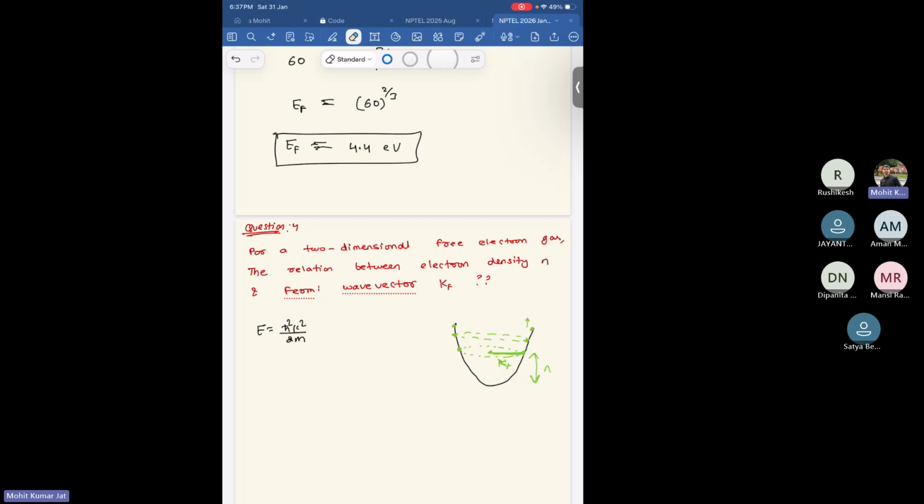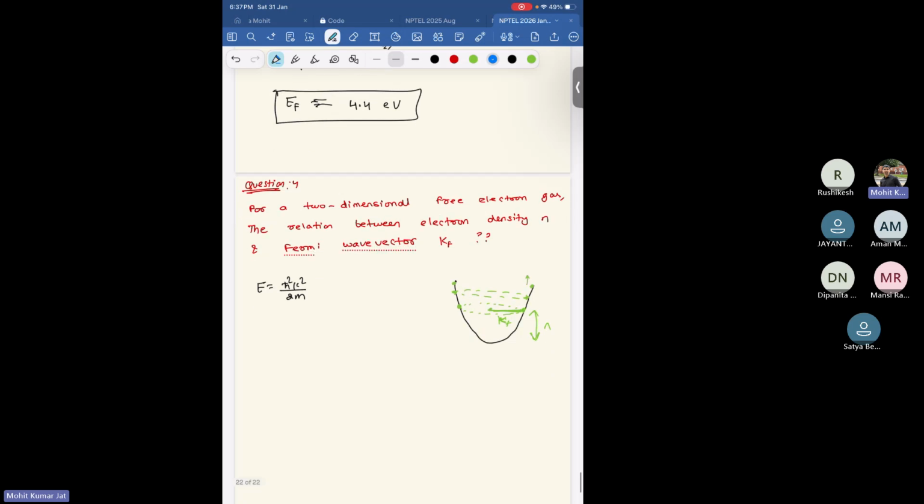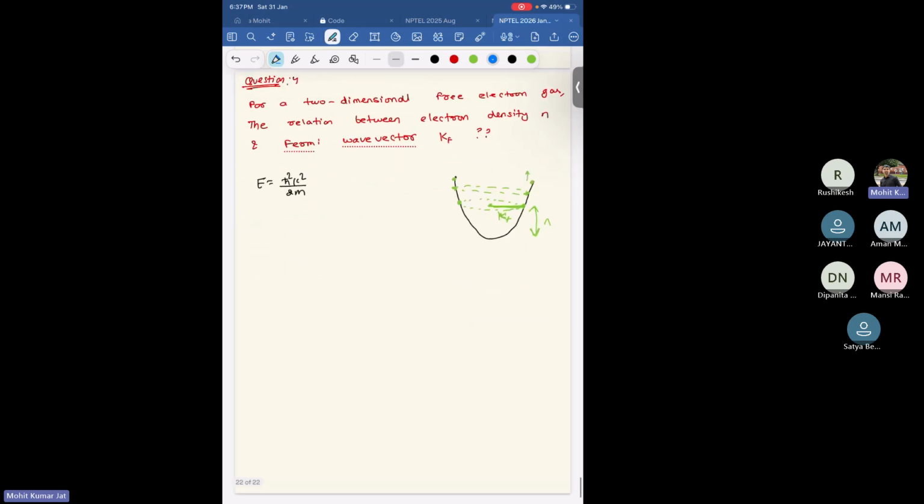And that's where this relation gets important, because experimentally, most of the time in transport, you don't measure energy. You measure your carrier density, and then you back calculate your Fermi wave vector using different techniques. There are also experimental methods through which you can measure, like Shubnikov-de Haas oscillation, de Haas-van Alphen effect, all those things are there. But the question primarily is, what is the relation between kF and n?